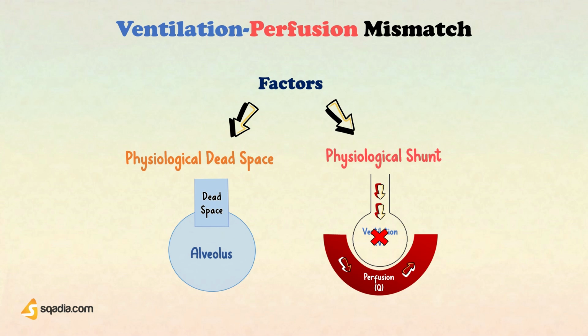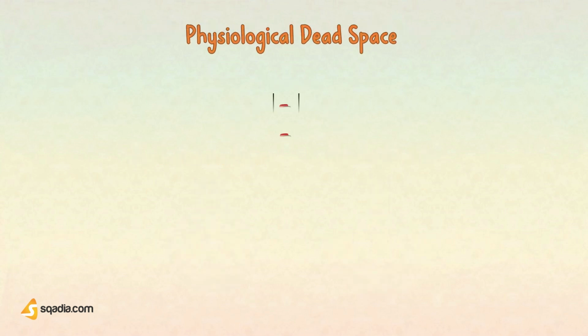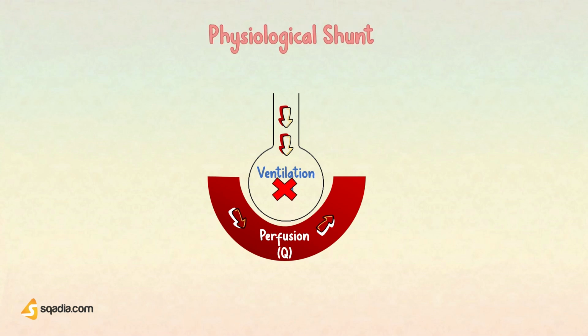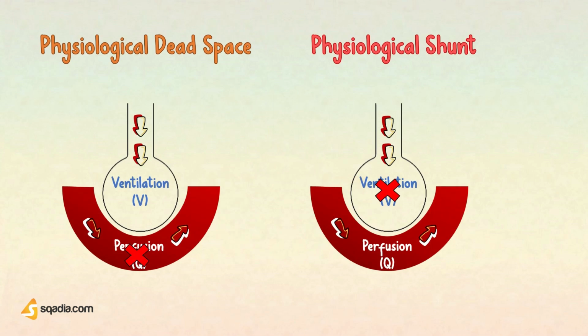Alveoli that are ventilated but not perfused constitute physiological dead space, whereas the alveoli that are perfused but not ventilated constitute the shunt. Got it or not? Let me explain how this works. It's an important concept because it will help you understand the ventilation-perfusion mismatch in various disease conditions.